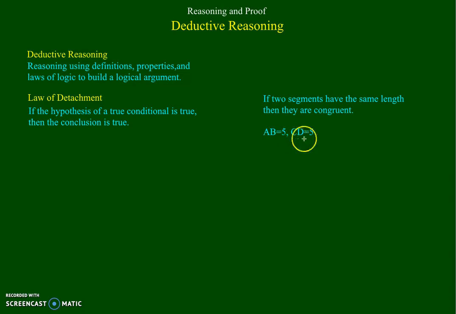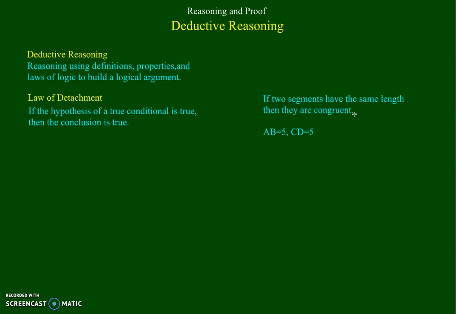So this fact tells us the hypothesis of this true conditional is true. Therefore, the law of detachment applies, and we can say they are congruent. You could go further and say segment AB is congruent to segment CD, but all you really need to say is they are congruent. The segments are congruent, however you want to say that. But given this statement and the fact that the hypothesis is true, we can conclude the law of detachment applies and the conclusion is true.